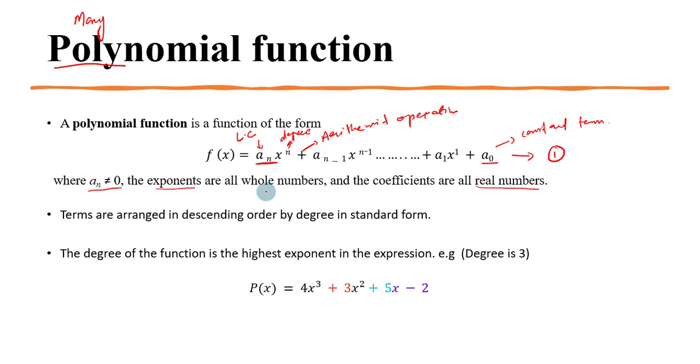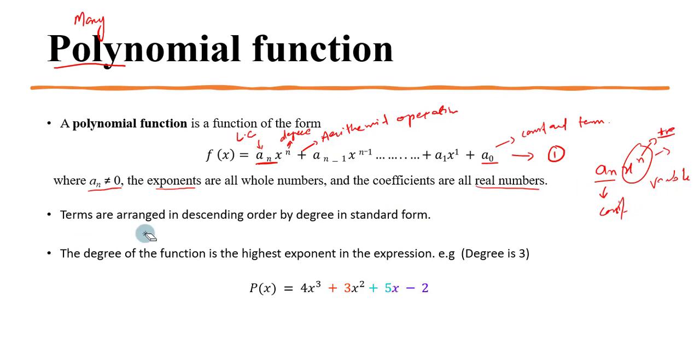In a n x to the n, a n is called the constant, or coefficient, and x to the n is the variable. The coefficient always has to be a real number. It cannot be a variable.